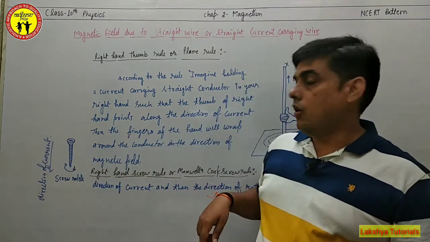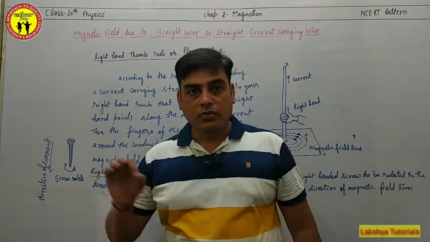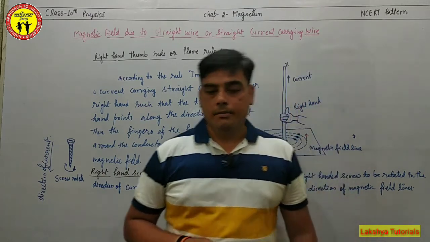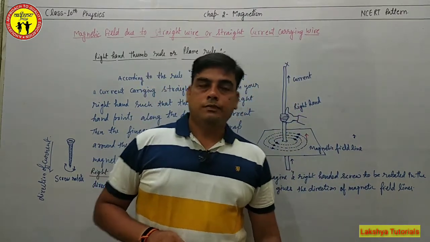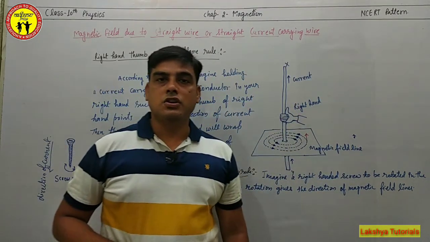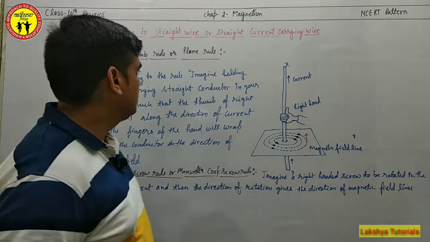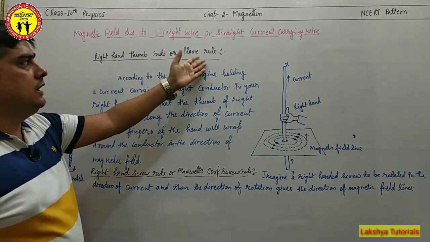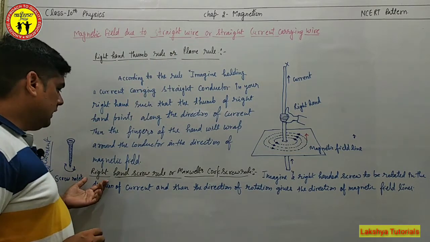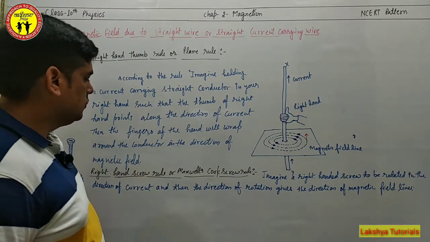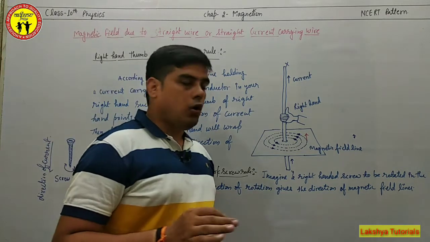This is the direction of magnetic field. This is a very small video session. I hope all of you get these rules. One is the right hand thumb rule or right hand palm rule, and the second one is the right hand screw rule or Maxwell cork screw rule.